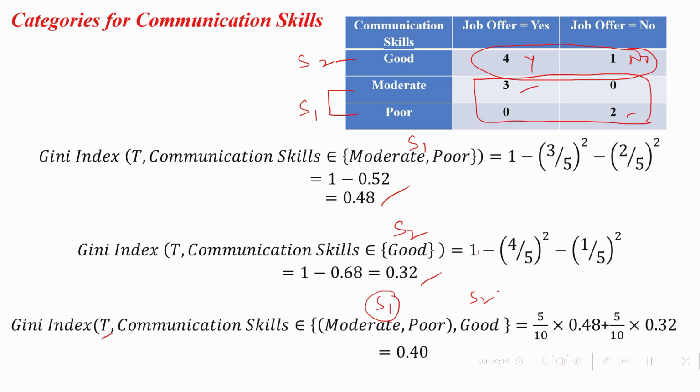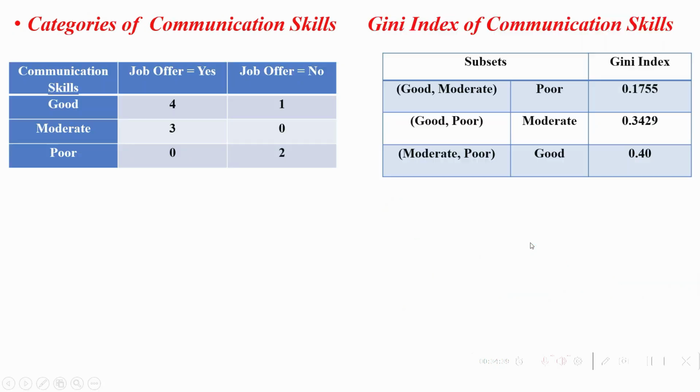So based on this information, we are finding |S1|/|T| times Gini of S1 plus |S2|/|T| times Gini of S2. Now substitute these values in our equation: 5/10 times 0.48 plus 5/10 times 0.32, that is equal to 0.40.